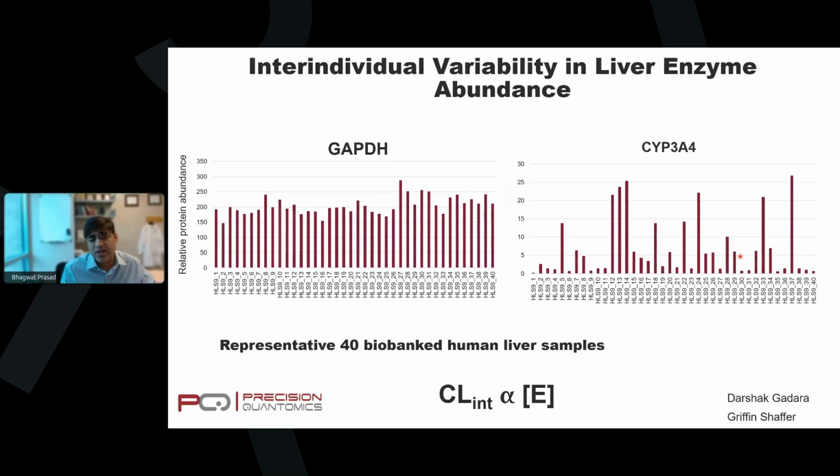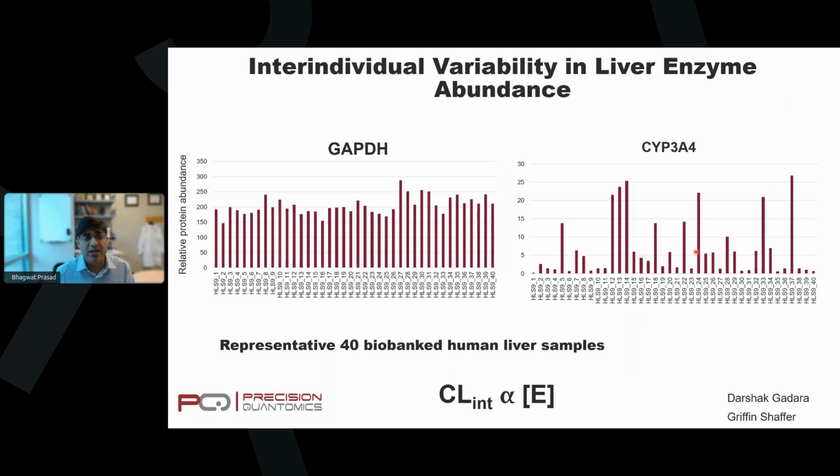We need to see how variable the protein expression of interest is, when it comes to drug metabolism or drug transport, as compared to the housekeeping protein or as compared to the whole proteome, which will then be relevant to see whether we can compare it across populations. So the same concept we can apply to NAM characterization.